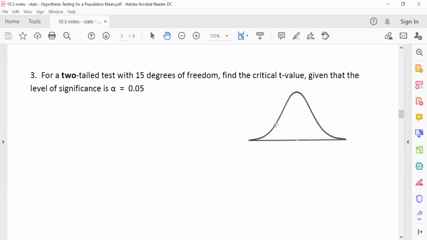And that's what we're going to have. Negative 2.131, positive 2.131. So a test statistic value that is less than negative 2.131 or greater than positive 2.131, it's in one of these tails, that is going to be where we reject the null hypothesis.